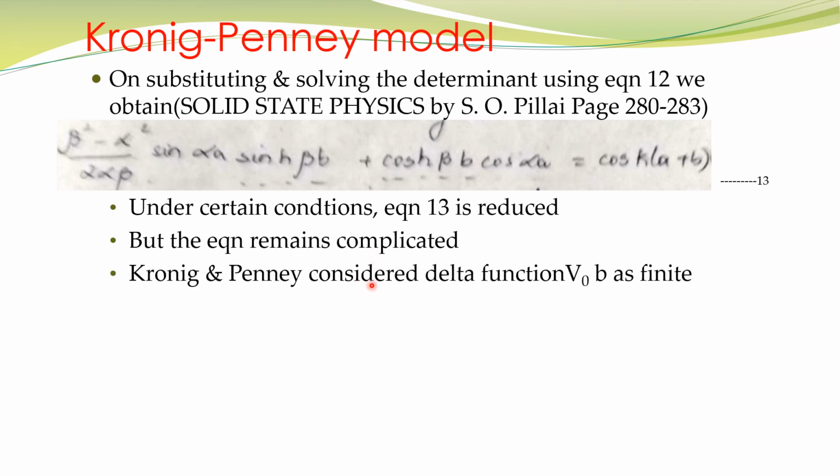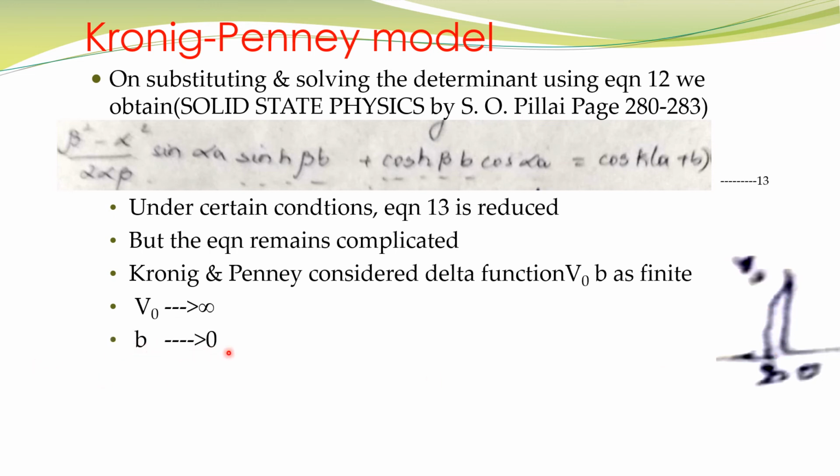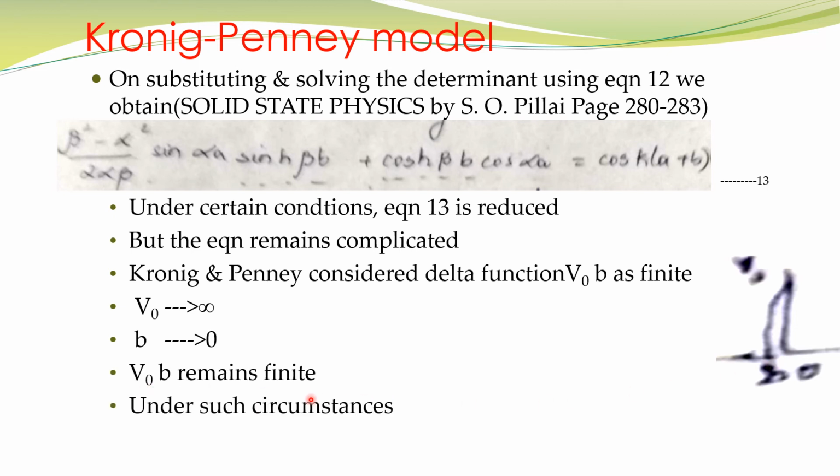Kronig and Penney considered the delta function, v0 into b as finite. This is the delta function where v0 is tending to infinity. The height is tending to infinity and the width b is tending to 0. It's very small, so v0 into b remains finite.